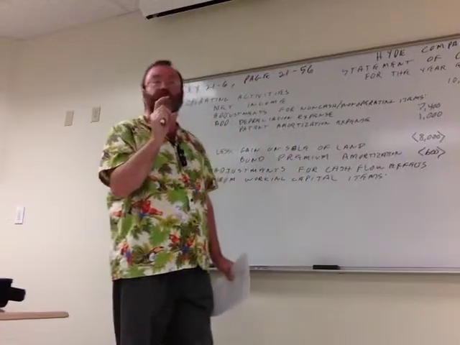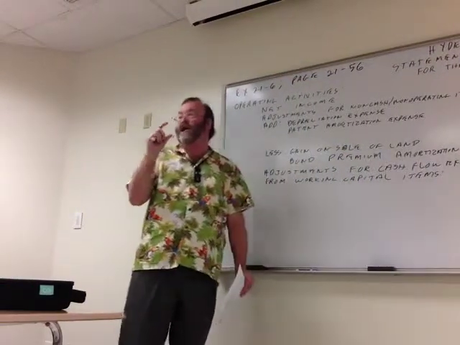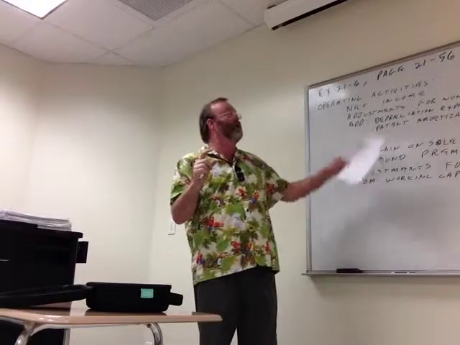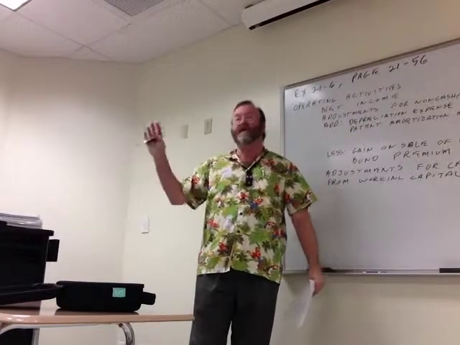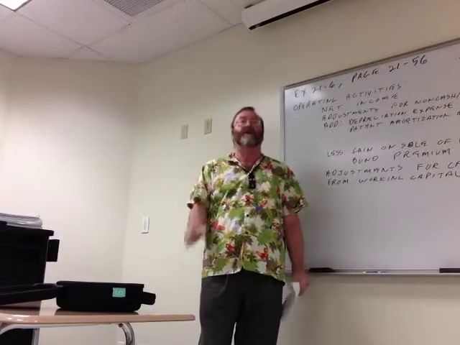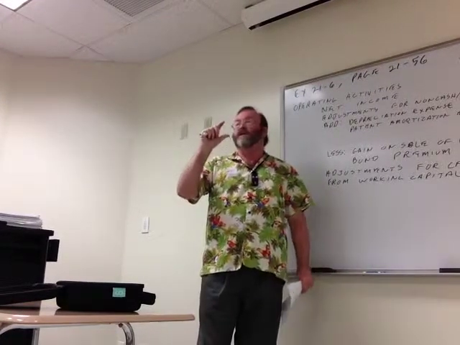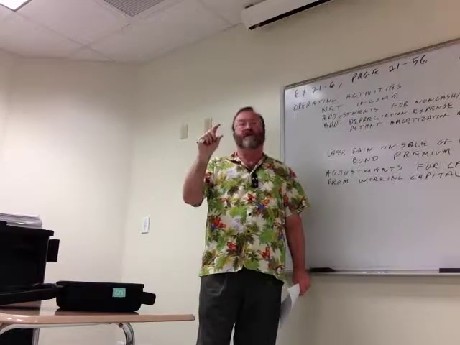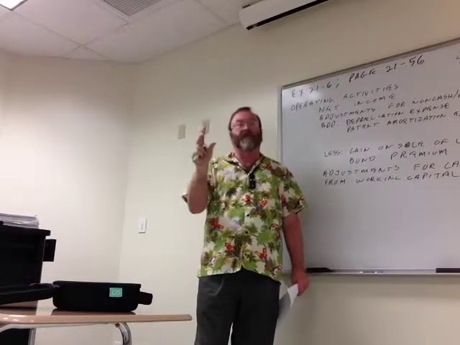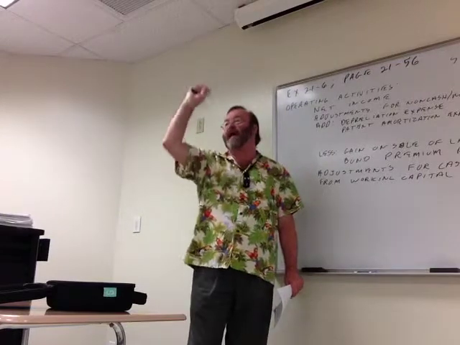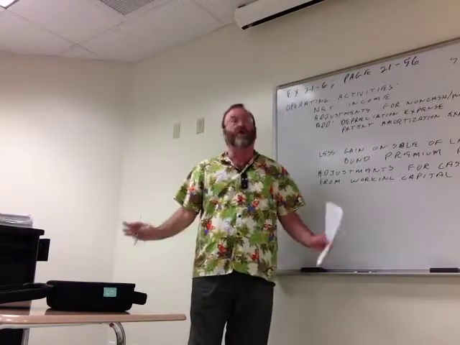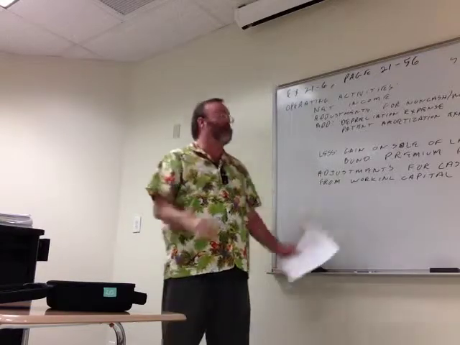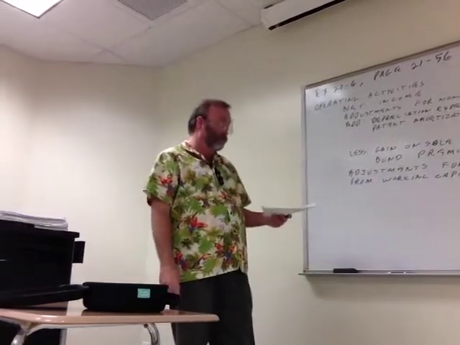So changes in current assets and current liabilities are reflected in operating activities. And you'll see when we get through the entire 3 sections of this statement, you're going to use the net changes from the beginning of the year to the end of the year for every line on the balance sheet. Okay? You're going to use all of it, as well as items off of the income statement.